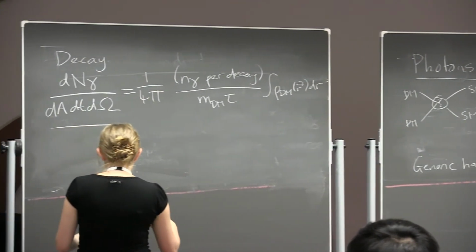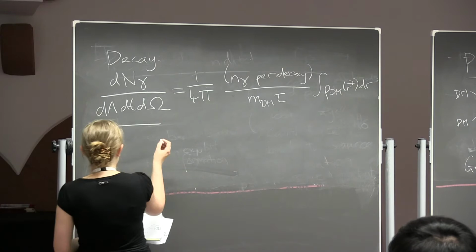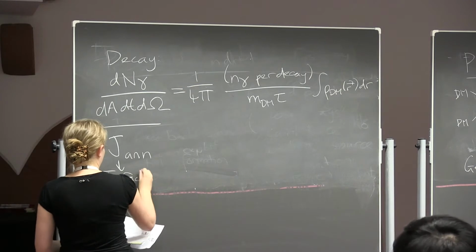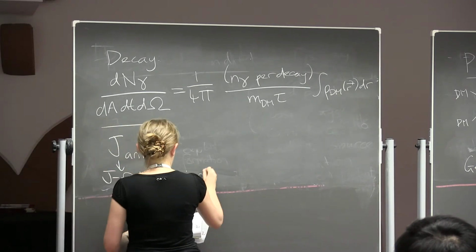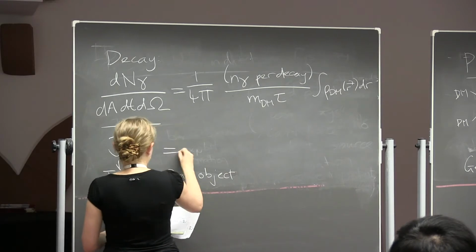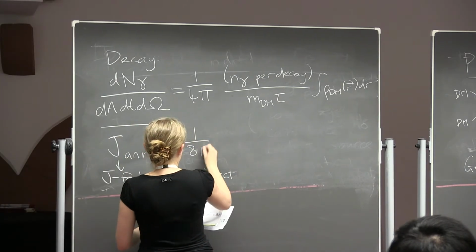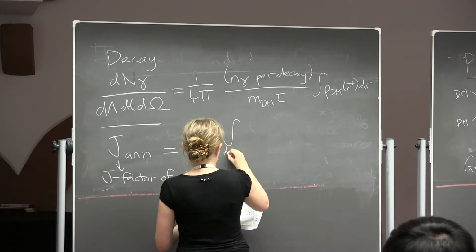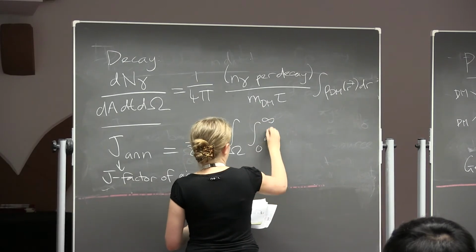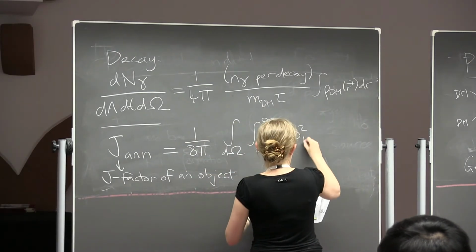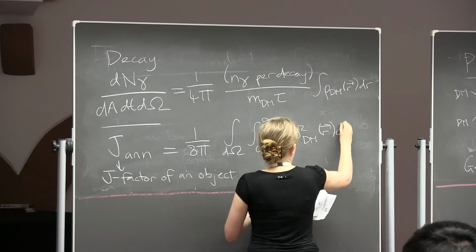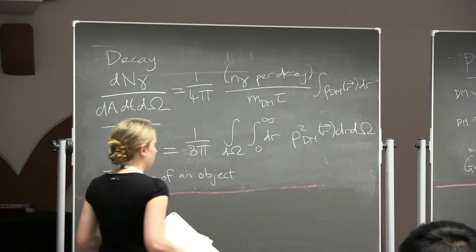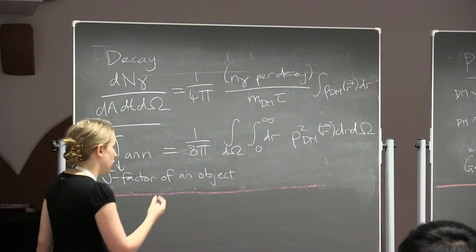But the usual picture is that we define the J factor of an object to be 1 over 8 pi times the integral over the solid angle that the object subtends on the sky.